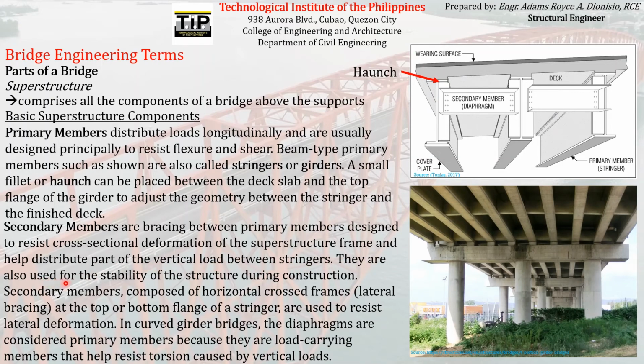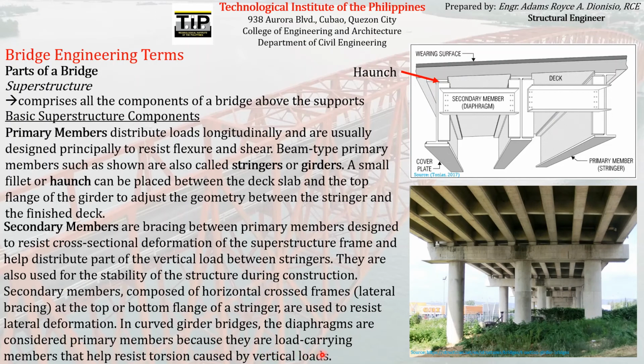They are also used for the stability of the structure during construction. Secondary members composed of horizontal cross frames or lateral bracing at the top or bottom flange of a stringer are used to resist lateral deformation. In curved girder bridges, the diaphragms are considered primary members because they are load-carrying members that help resist torsion caused by vertical loads.